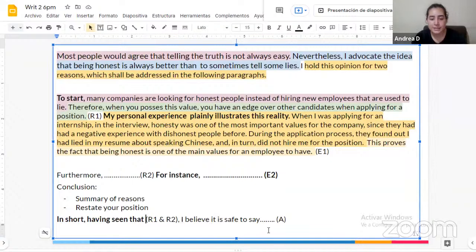I believe it is safe to say that, and then you repeat your position, that you should always be completely honest with everyone, no matter the circumstance, regardless of what the circumstance is. So that's basically it. You summarize your reasons and you restate your argument or your position.